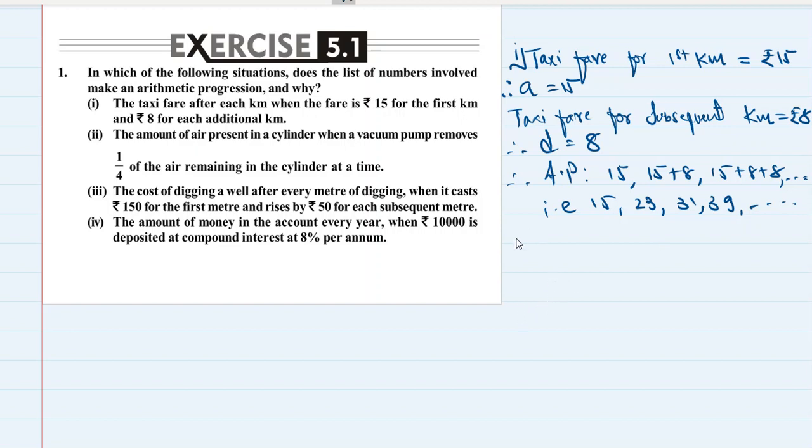So is this an AP? Therefore, this situation represents an AP.